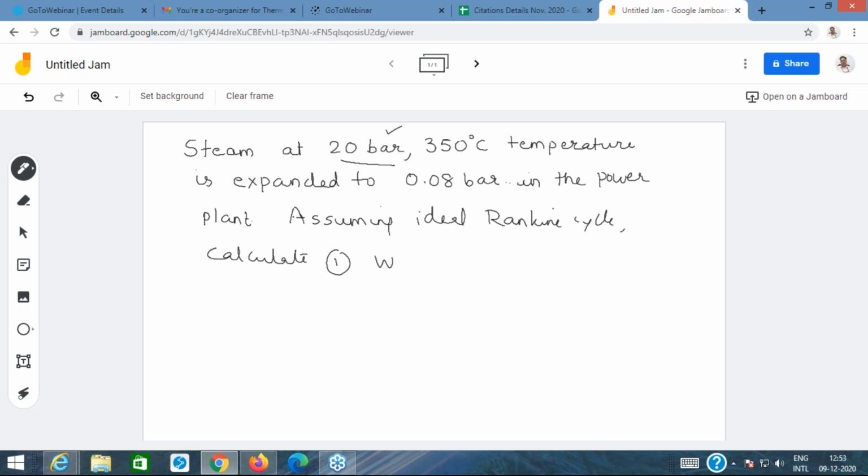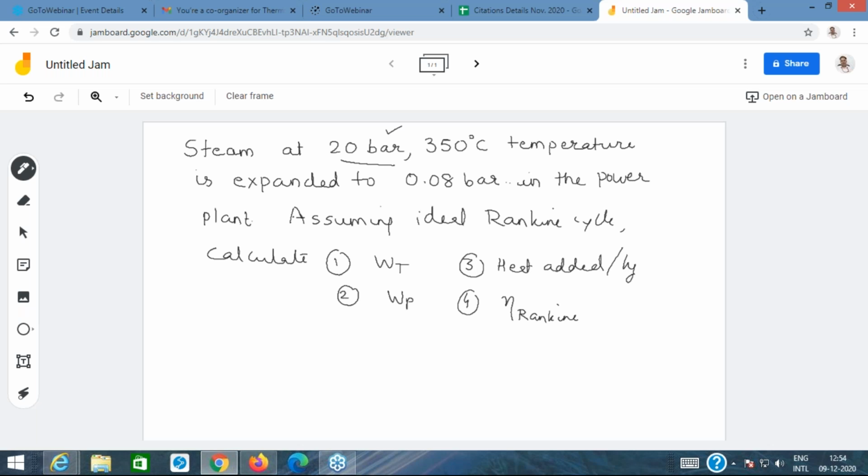the specific turbine work, the specific pump work, the heat added per kg of steam, and finally the Rankine cycle efficiency.